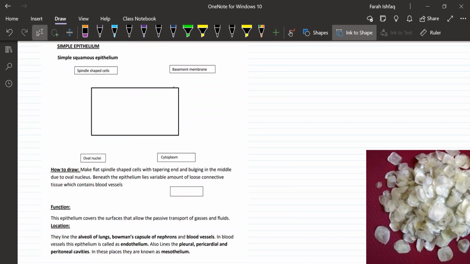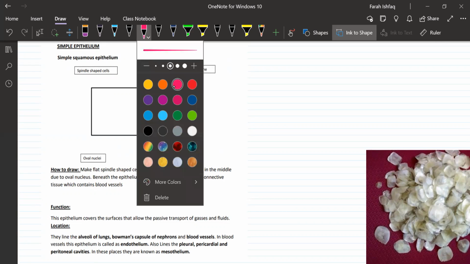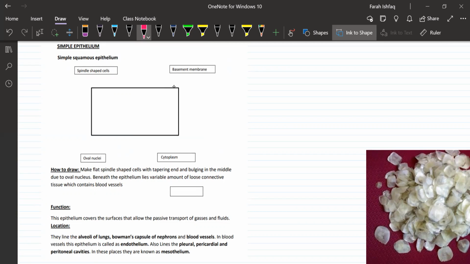So again, how to draw and label the simple squamous epithelium. You have to make spindle-shaped cells resting on the basement membrane with narrow parts and bulging parts.